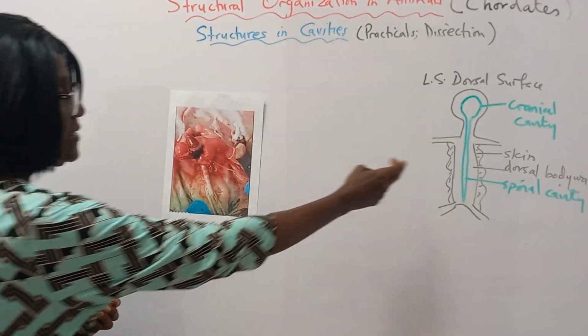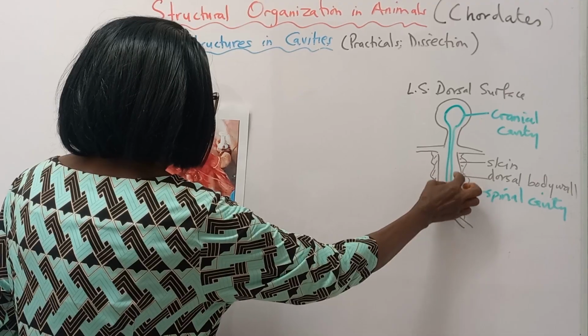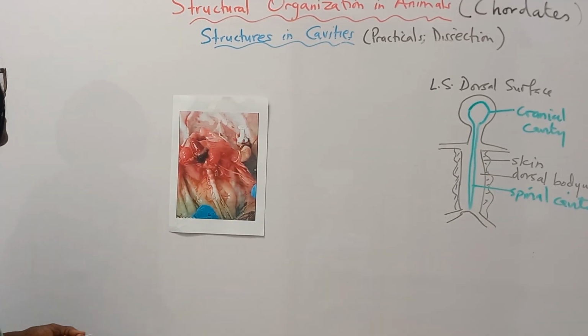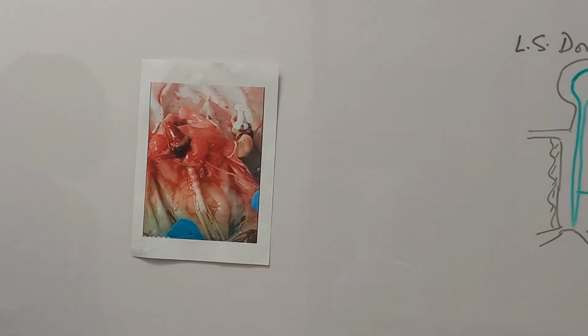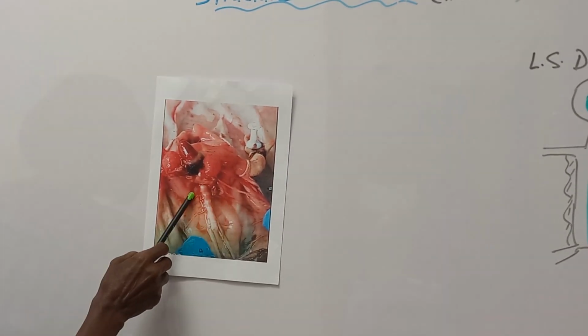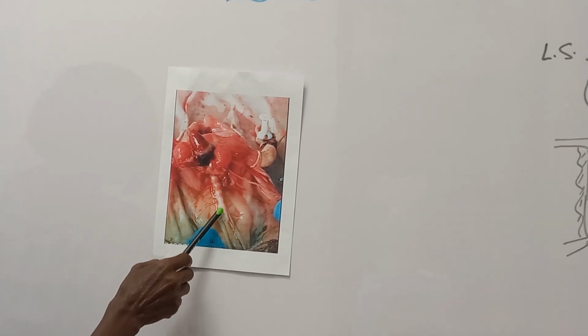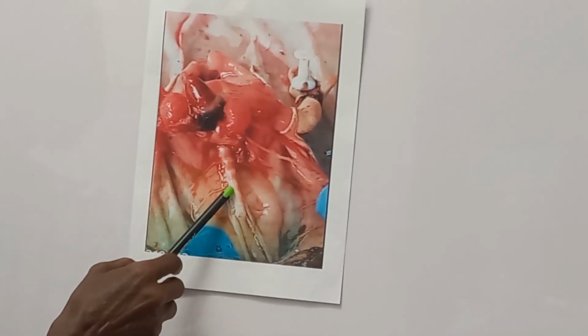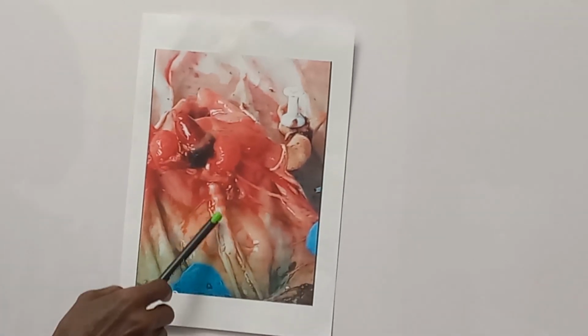So here, the skin, the dorsal body wall, we want to look at it in our toad and then the albino rat. And this toad, that's the dissection of the toad. Here is the dorsal body wall. Here is part of the vertebral column that has a hole, that's the spinal cavity in which the spinal cord lies.